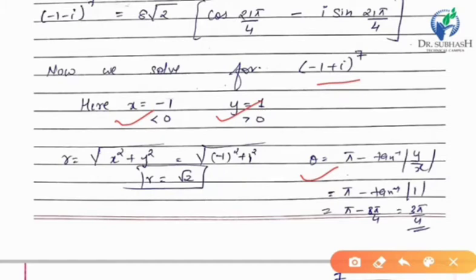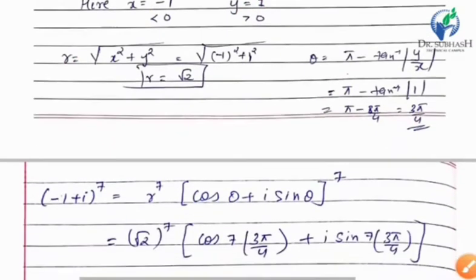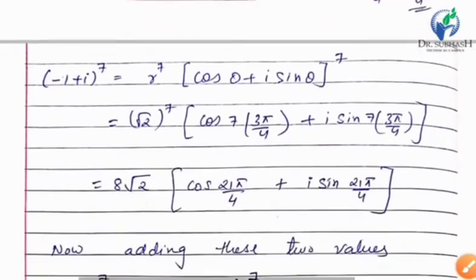So on substituting the values of y and x, we get the value of theta as 3 pi by 4, and r equal to under root of x square plus y square, which is equal to root 2. Now again I will see the polar form.